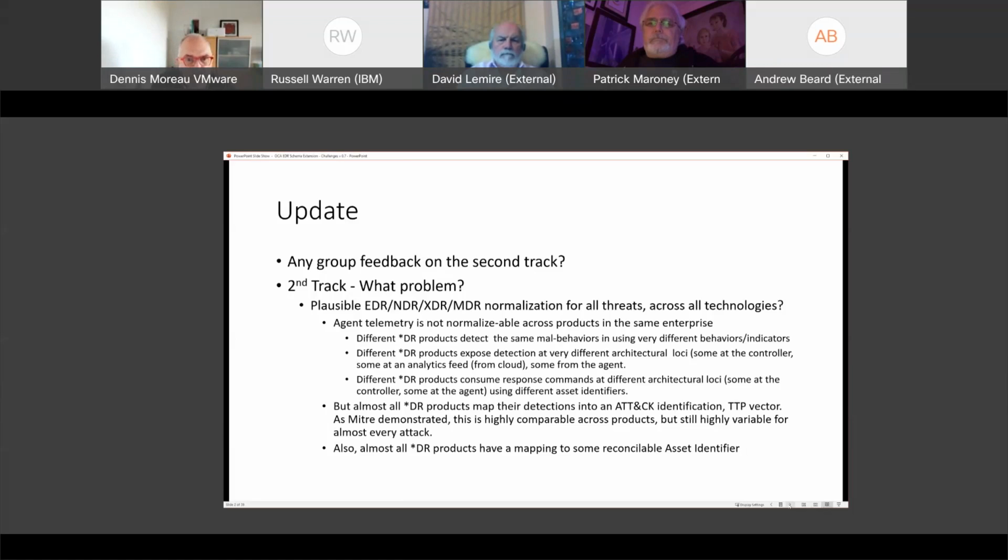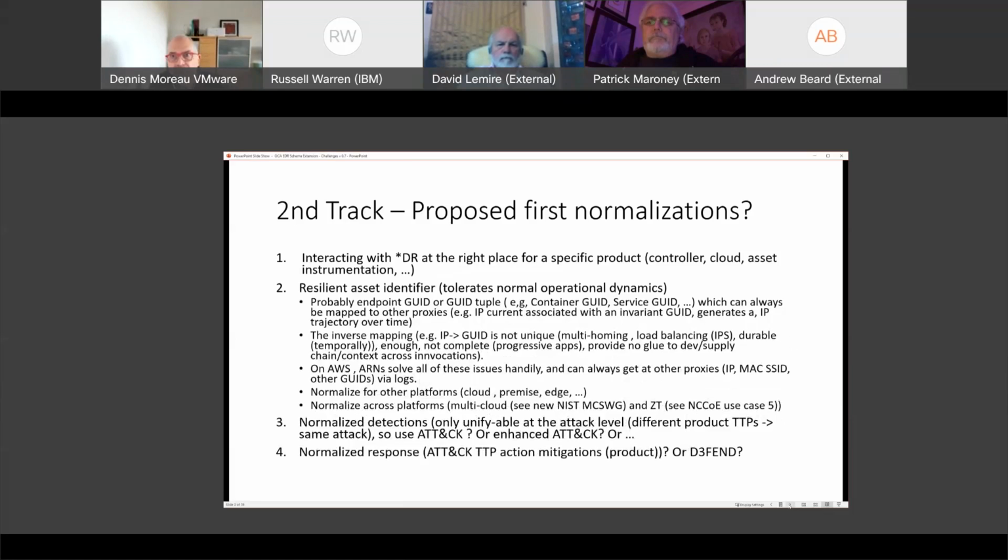So that's the scope of the problem that I think stimulates the need to look further at what we normalize in order to get at this broader question: how do we fully leverage EDR, NDR, XDR, MDR across products in the same enterprise environment? And there's some low-hanging fruit in terms of things we can normalize and use as interaction.